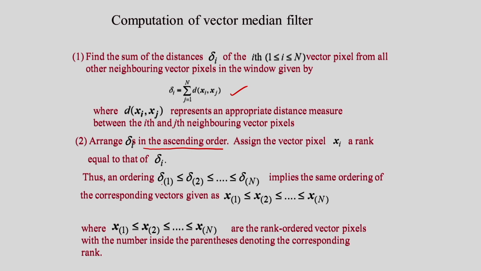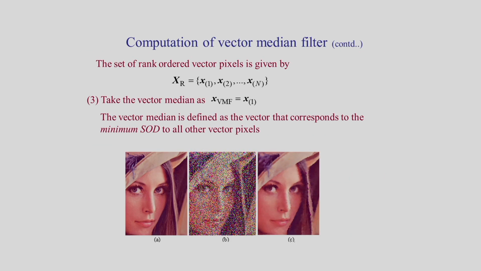Suppose the vector pixel is x1. What will be the vector median? The vector median will be x1, because corresponding to x1 the distance was minimum. So the vector median will be x1, that is the vector pixel. And already I have explained, I am considering the Euclidean distance, the sum of square distance. So for this I have to consider the Euclidean distance.